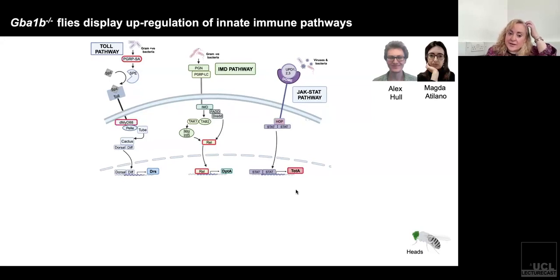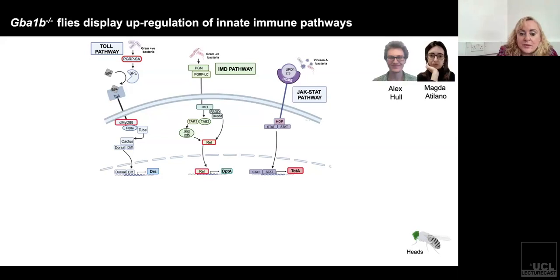And here in red, I have highlighted those pathway mediators that were upregulated in our RNA sequencing in GBA knockout fly heads. Now, downstream of all of these pathways, you get upregulation of a number of response genes. So downstream of the NF-kappaB pathways, the Toll and the IMD pathway, you get upregulation of a number of antimicrobial peptides.